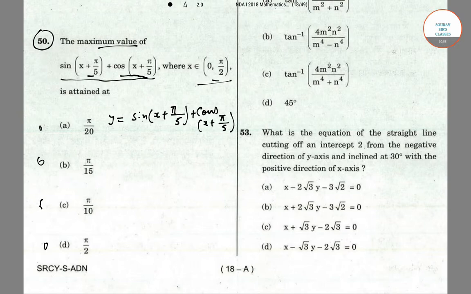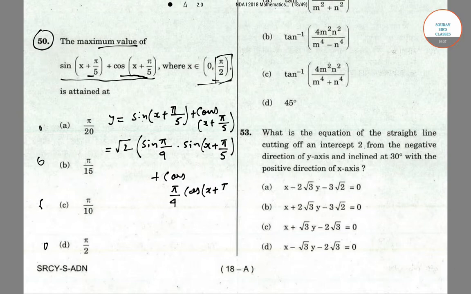Now here what we can do is put the value: it will be equal to root 2 into sin(pi/4) into sin(x + pi/5) plus cos(pi/4) cos(x + pi/5).